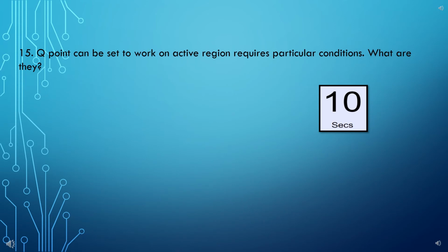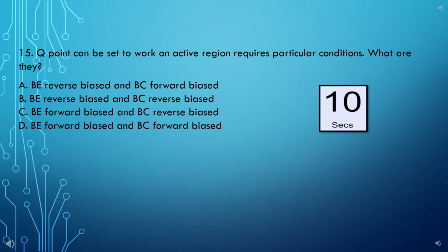The Q point can be set to work in the active region, which requires particular conditions. What are they? Option A. BE reverse biased and BC forward biased. B. BE reverse biased and BC reverse biased. C. BE forward biased and BC reverse biased.